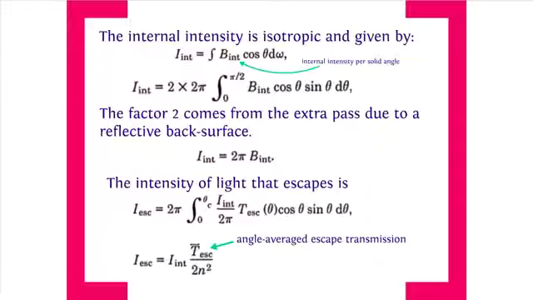We'll remove that. And then we can add a factor of 2 by putting a reflective back surface here. We're going to look at the situation where there is a mirror at the bottom. So you get 2 passes. You get a factor of 2. And then you can turn the solid angle into a 2-dimensional angle. So d omega becomes sine theta d theta times 2 pi.